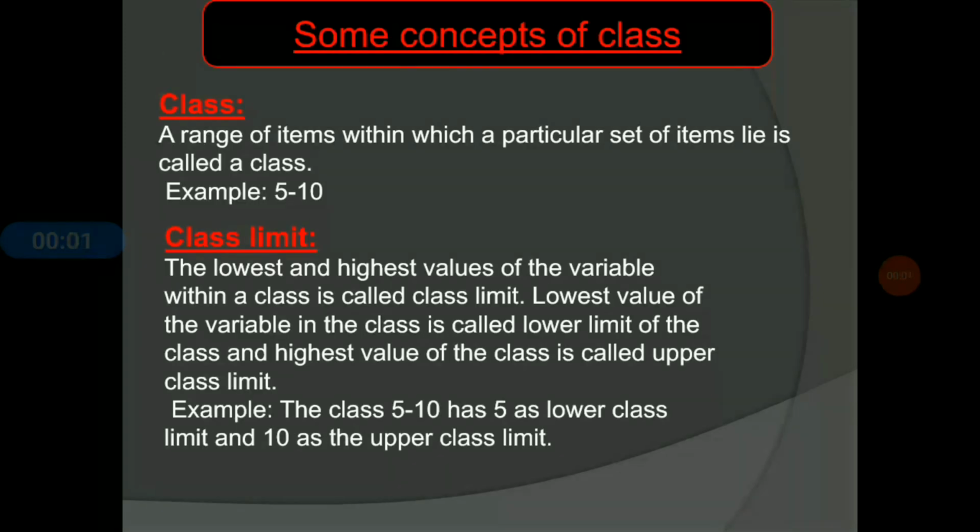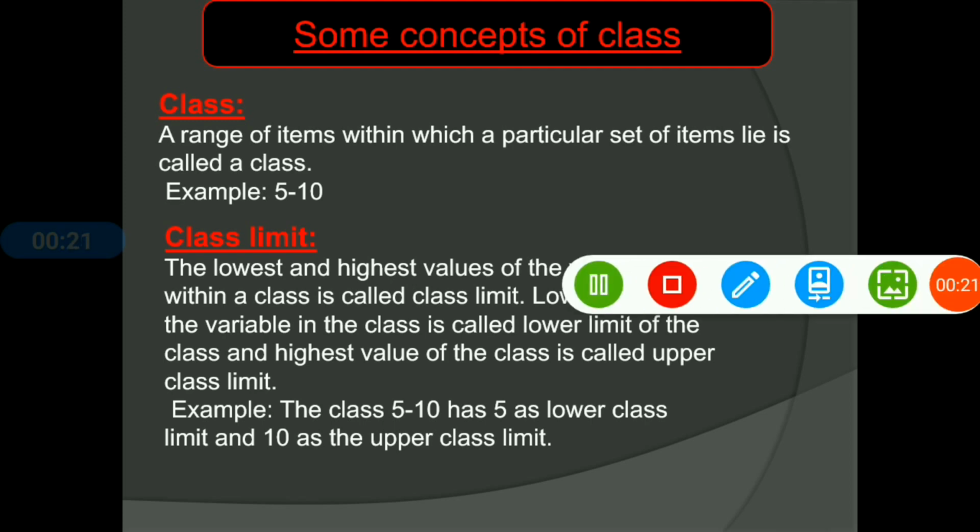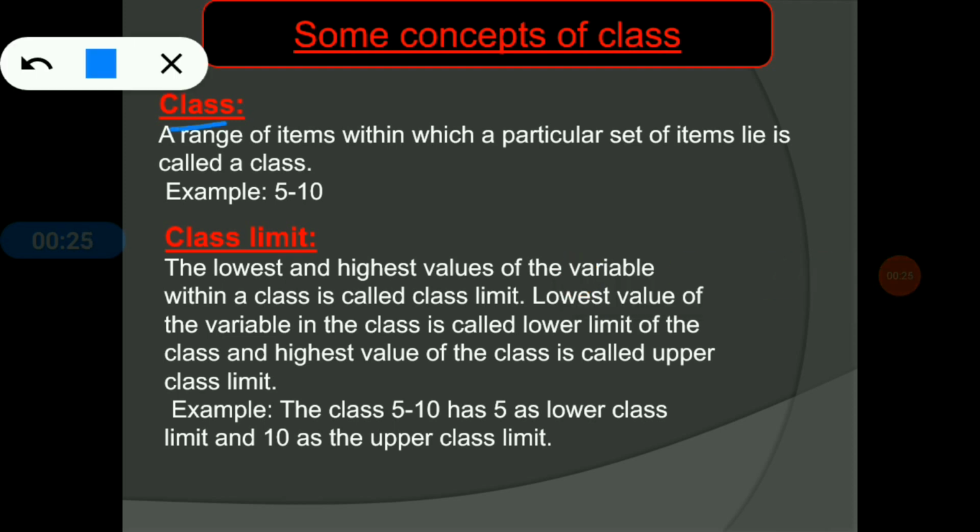Before going to the discussion on types of frequency distribution, at first we have to know some concepts about class, which is really needed to understand frequency distribution series. Do you have any idea, learner, what you mean by a class? Class is basically a grouping of values.